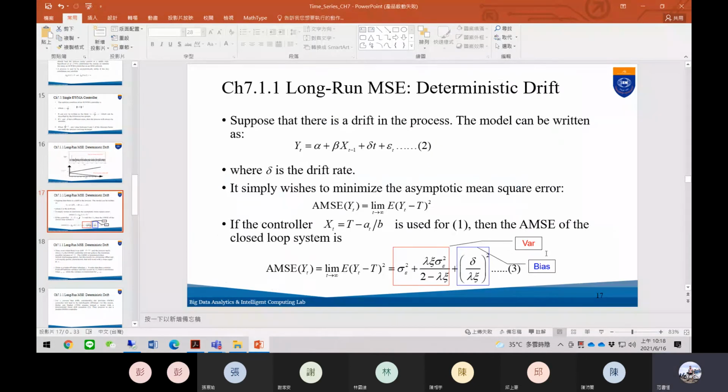Delta is the drift rate. We simply wish to minimize the asymptotic mean square error. If the controller is set up as in equation one, then the asymptotic mean square error of the closed loop can be proved as this variance plus this bias.